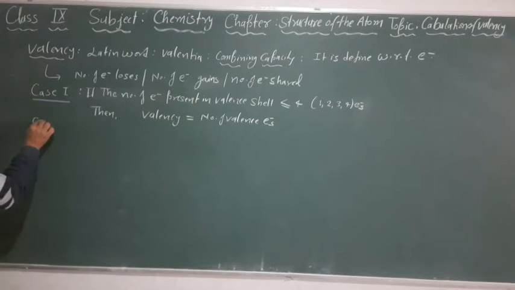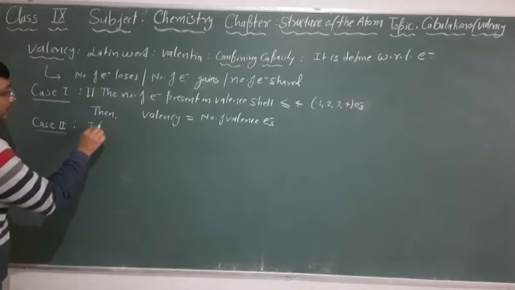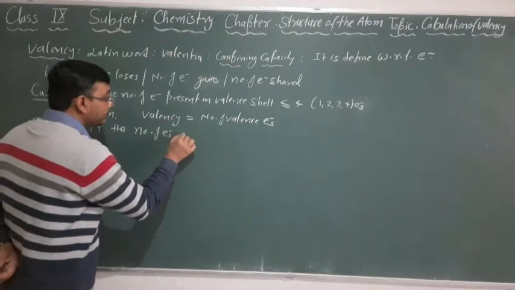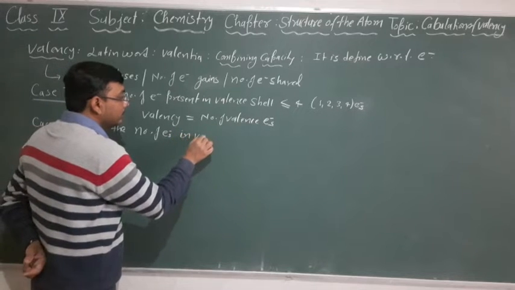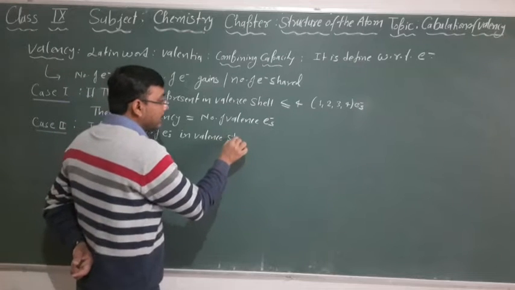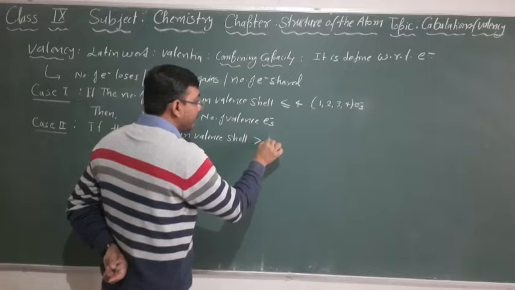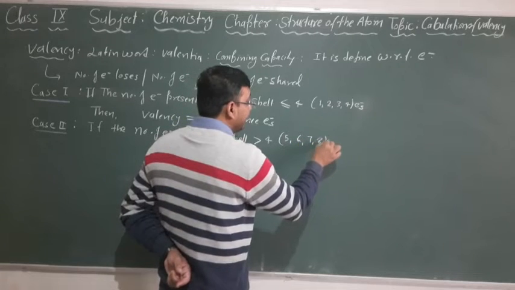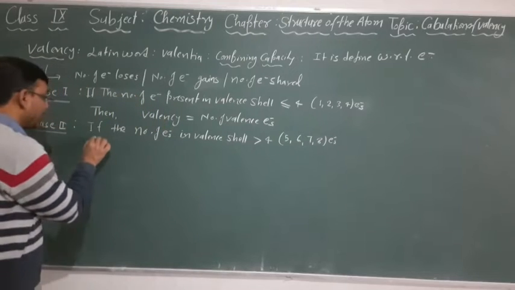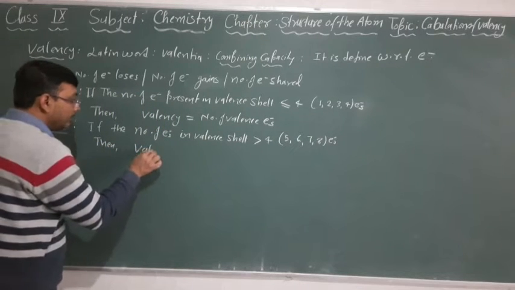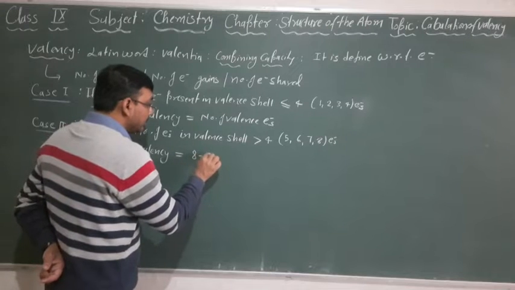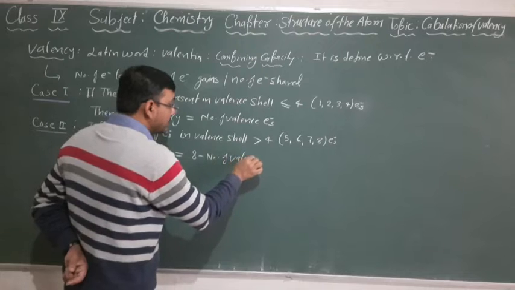The case second: if the number of electrons in the valence shell is greater than 4, that means either 5 or 6 or 7 or 8 electrons, then the valency of an atom of the element will be equal to 8 minus the number of valence electrons.